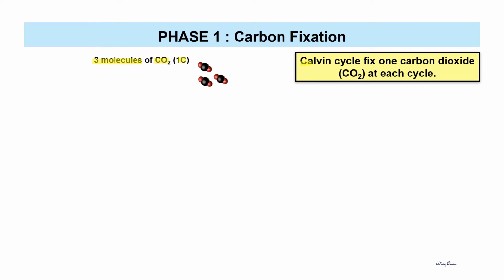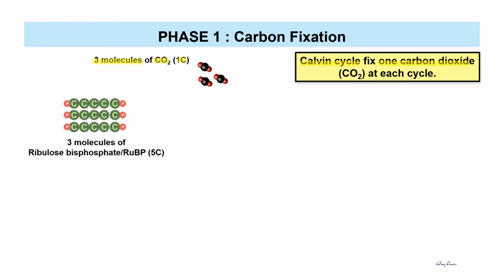But each Calvin cycle can only fix 1 CO2. So to fix 3 molecules of CO2, the Calvin cycle has to happen 3 times. And how can CO2 be fixed? It's actually accepted by the carbon acceptor, which is ribulose bisphosphate, abbreviated RuBP.